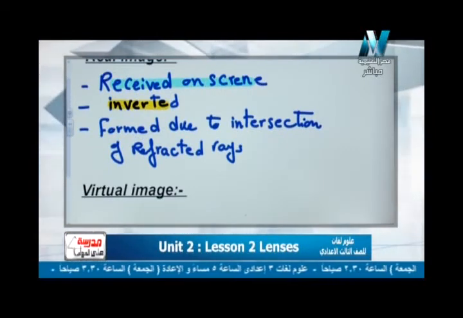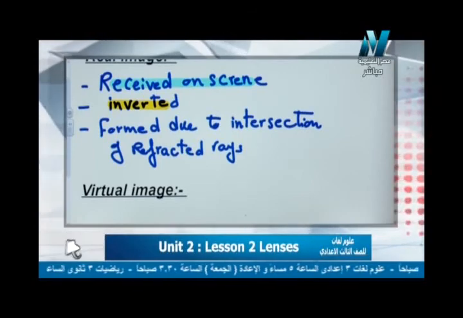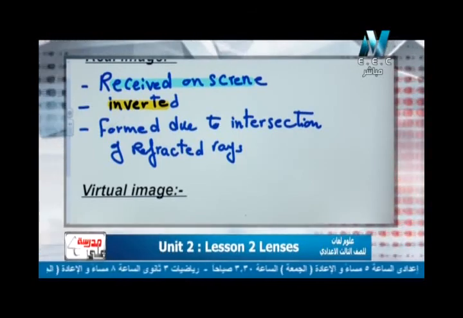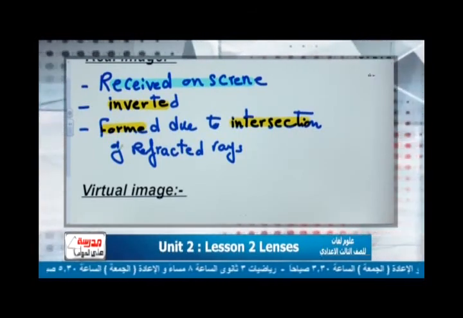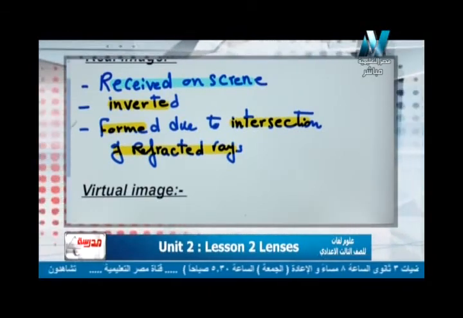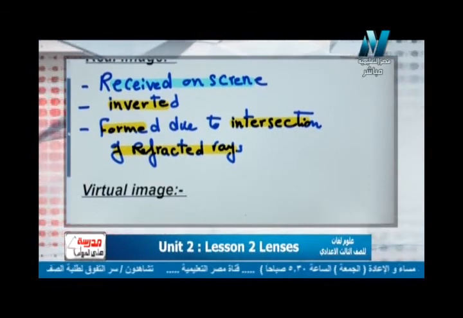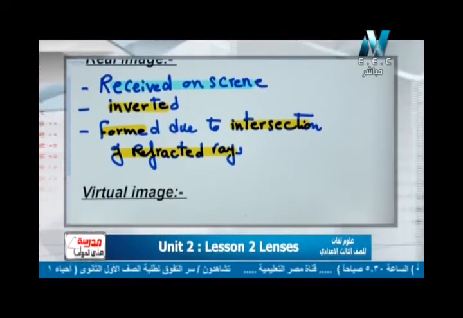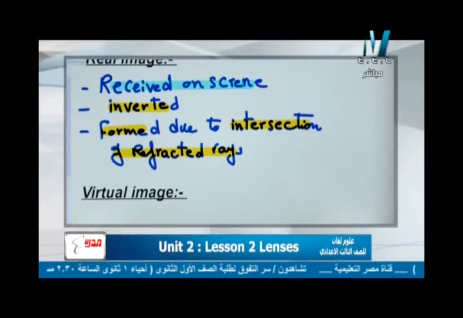And the last comparison: the real image is formed due to the intersection of the refracted rays, while the virtual image is due to the intersection of the extension of the refracted rays. So here we can differentiate easily, dear students, between the real image and the virtual image.